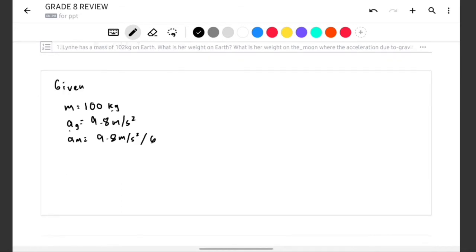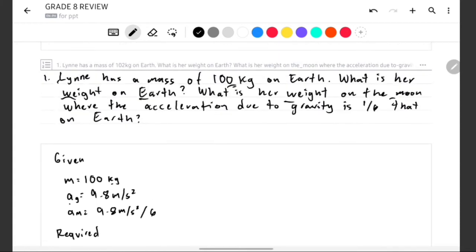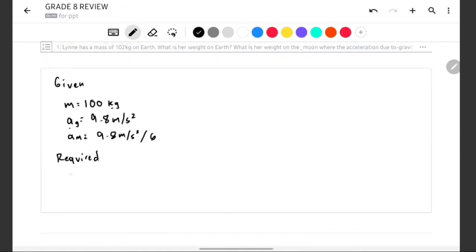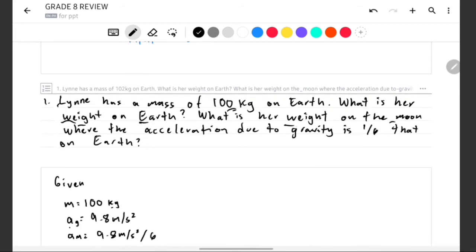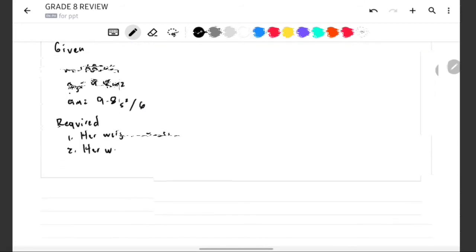Now, ano yung hinanap natin? Ano yung required? Yung required based on the sentence is first, yung weight niya sa Earth. So, one is her weight on Earth. And second one is her, ano ulit? Her weight on the moon.